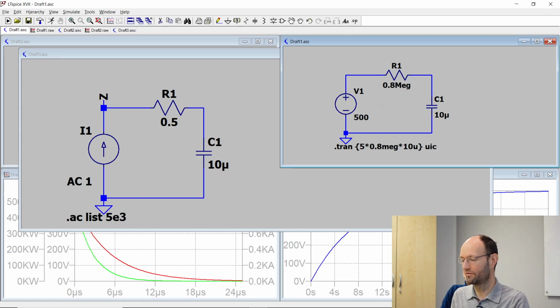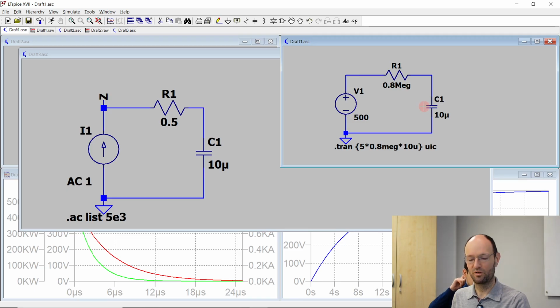Have you heard of Fourier analysis, Fourier series, Fourier decomposition, something like this? Maybe you will hear it in a mathematics class. And so there's a Fourier transform, and the Fourier transform connects time domain and frequency domain.